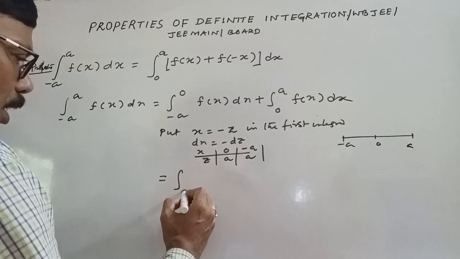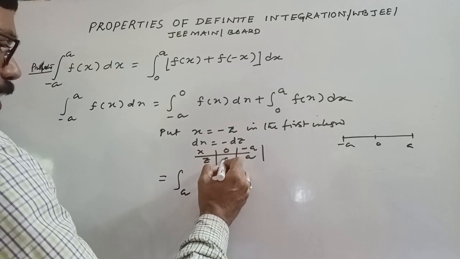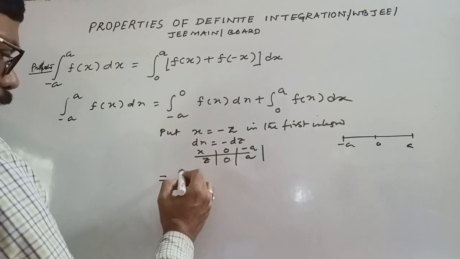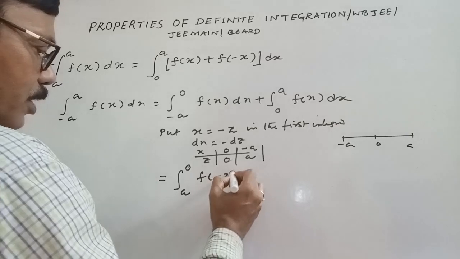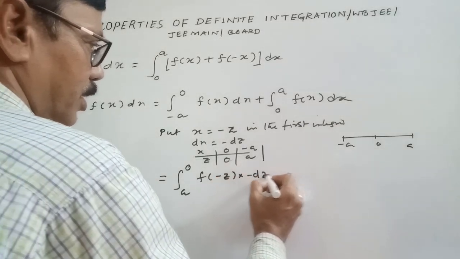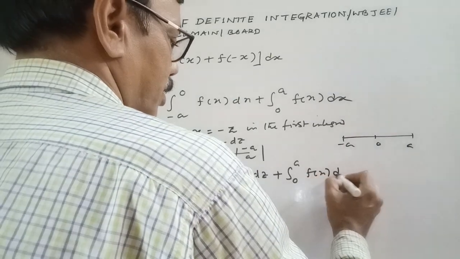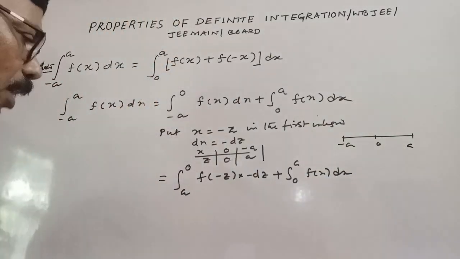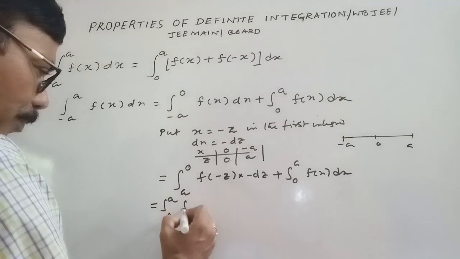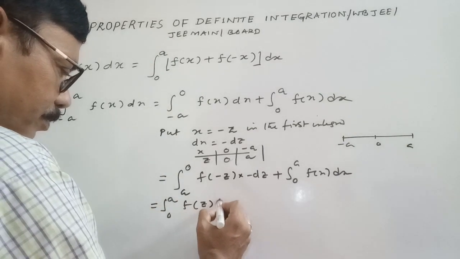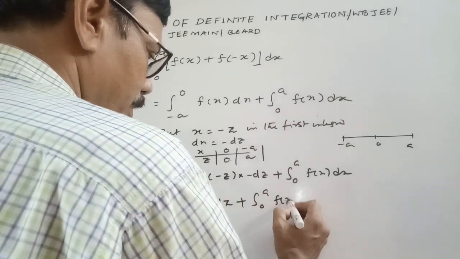Look, if it is a, if it is 0, then it is 0. So integral from a to 0 of f(minus z) into minus dz plus integral from 0 to a of f(x) dx. Now, if we change the limit, this is integral from 0 to a of f(minus z) dz, and this one unchanged, f(x) dx.